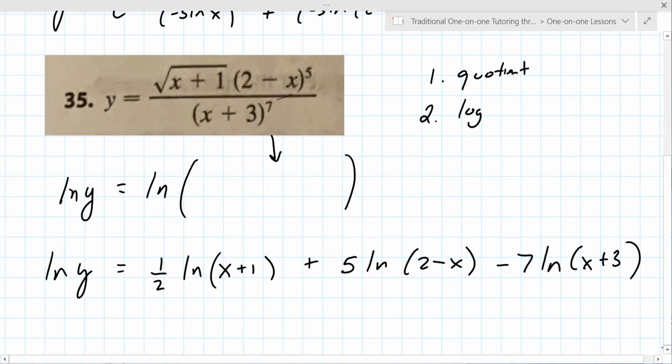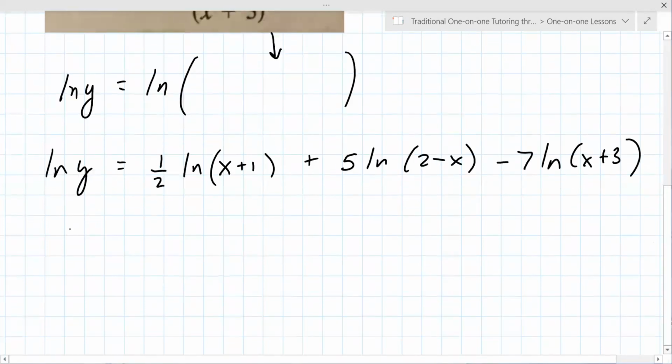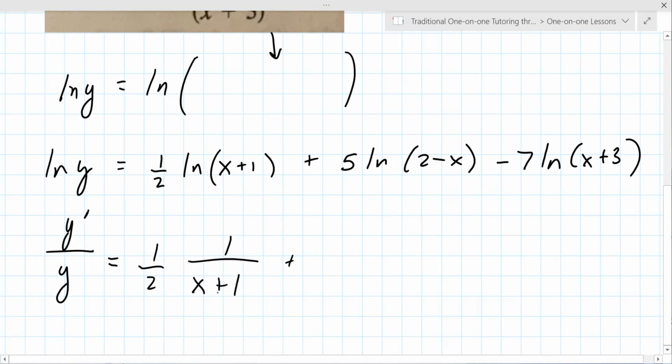You get it. Okay. So the reason this is so powerful is on the left, when you take a derivative, you get y prime over y. On the right, the derivatives of ln's are great. They're just 1 over x plus 1. Chain rule here is 1, so you don't even need to write that. Here it's 5 times 1 over 2 minus x.